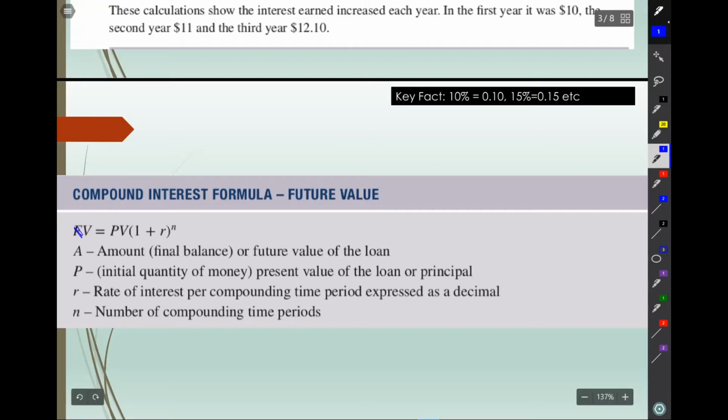They use different terms here. When it says FV, what they mean is A. A should be here. I won't cross out that FV because you will sometimes see it written as final value. And it says P down here, but the place where P should be is here, PV.